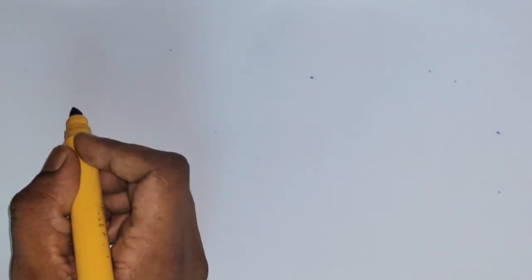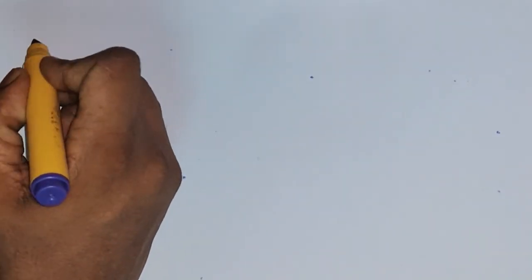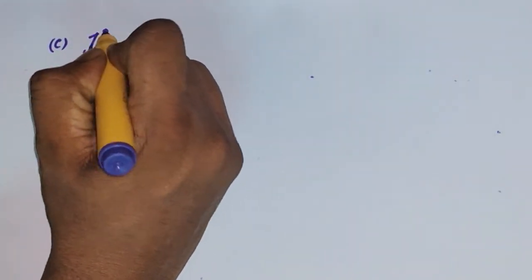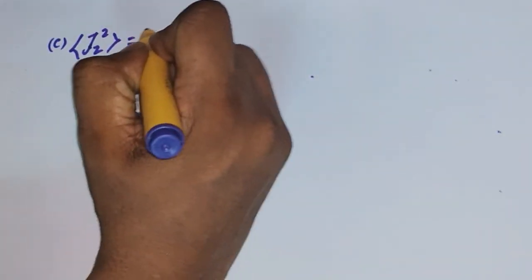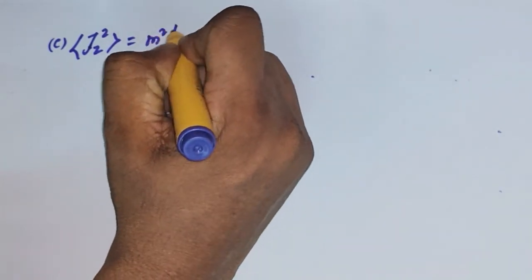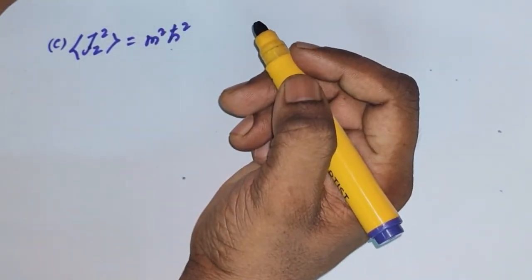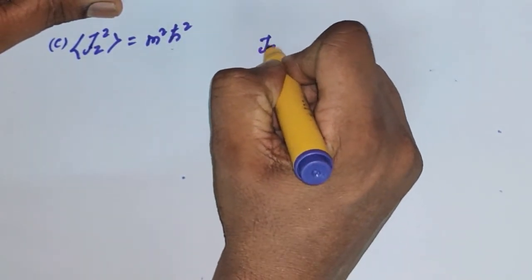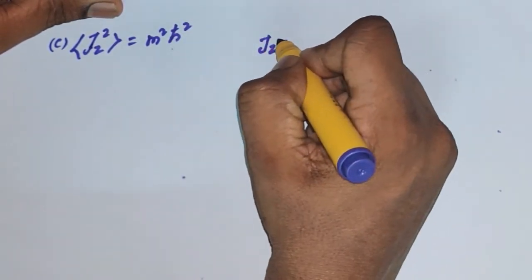The C option is the average value of Jz square, which is equal to m square h cut square. We want to verify this value. We already know what the Jz angular momentum operator does on any wave function.